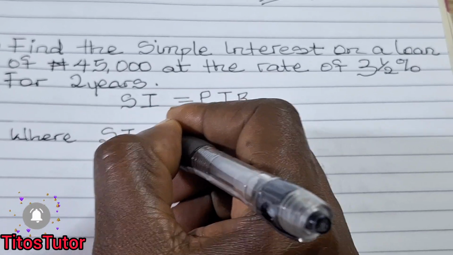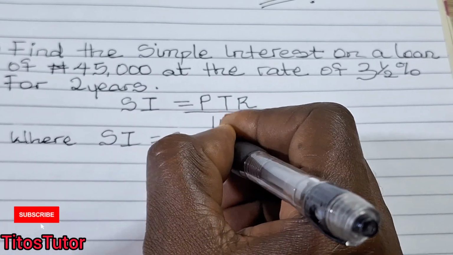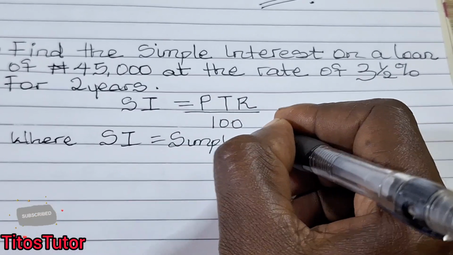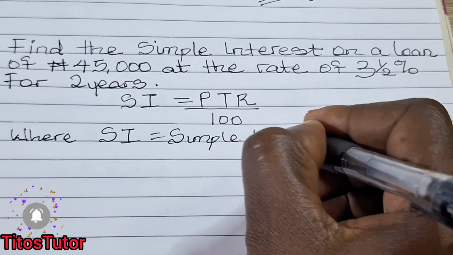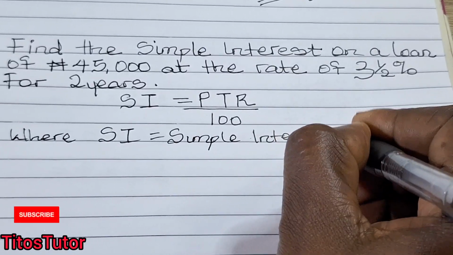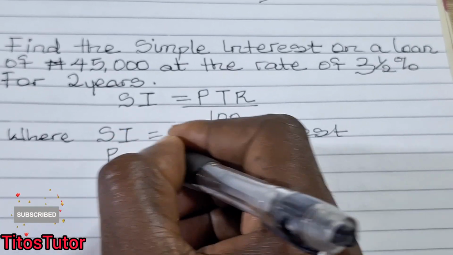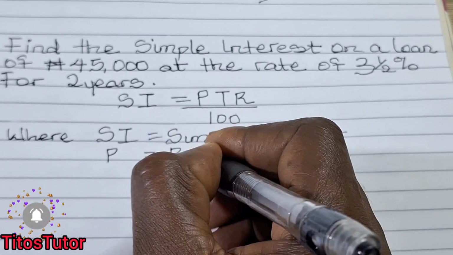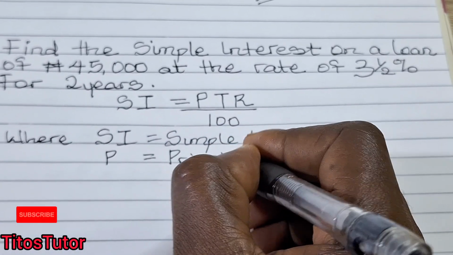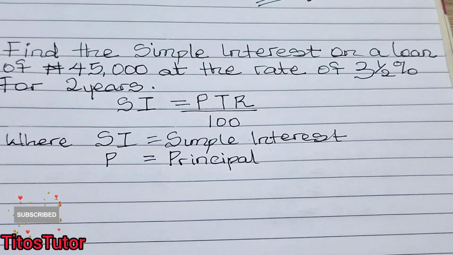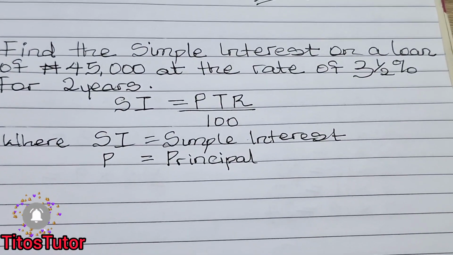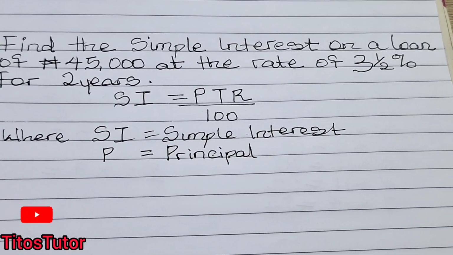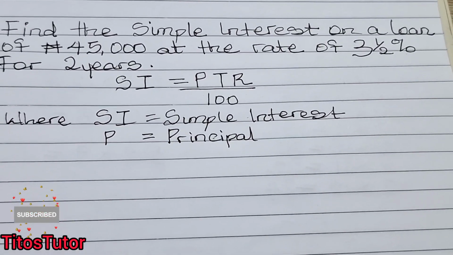SI is your simple interest, your P is your principal, which is your loan, the loan or the money you are investing, if it's an investment question.